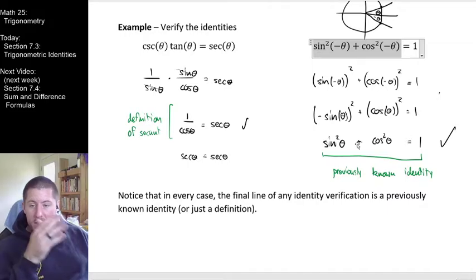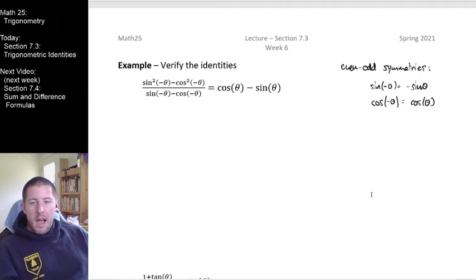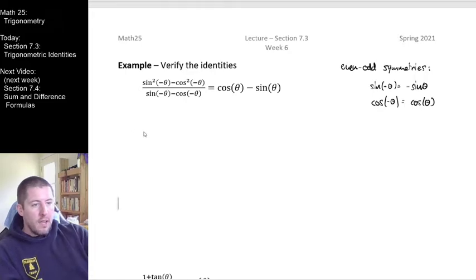So by following those exact same steps right there, I think that we can go ahead and say that we are going to get here. Well, it looks like we're going to get a negative sine of theta squared minus just a cosine of theta squared, right? That was using my even-odd identities up top.